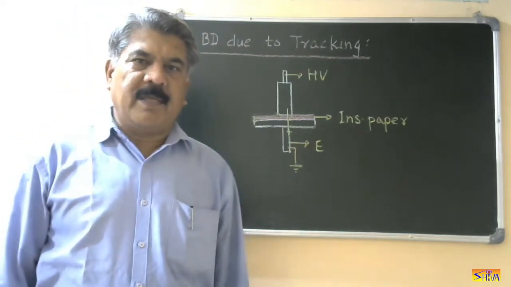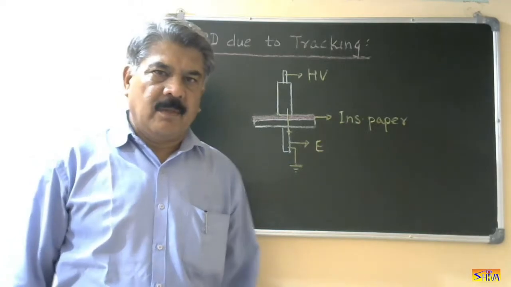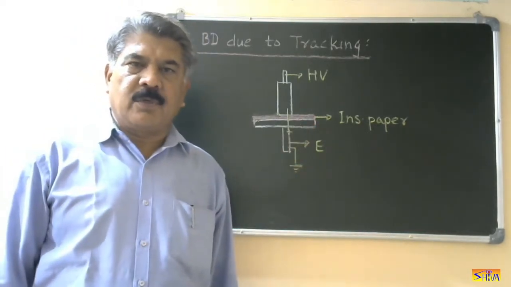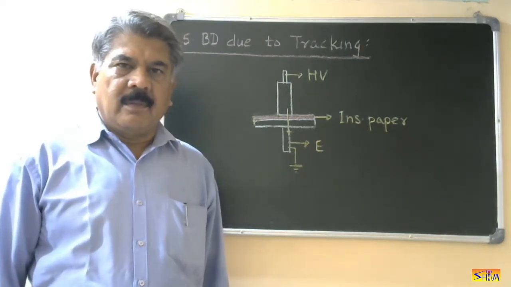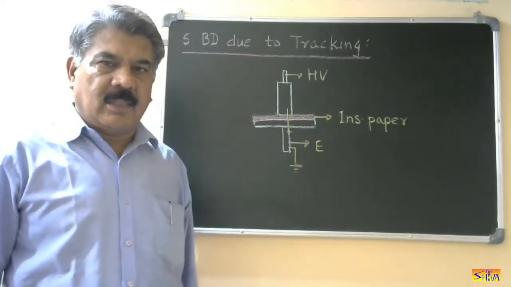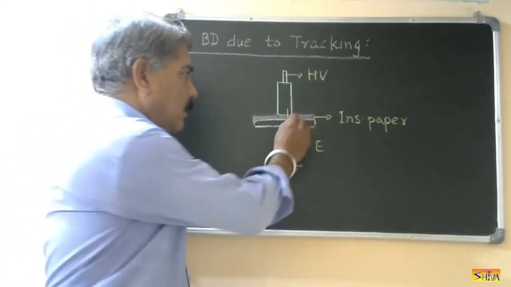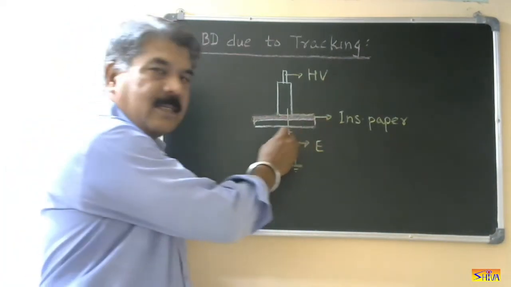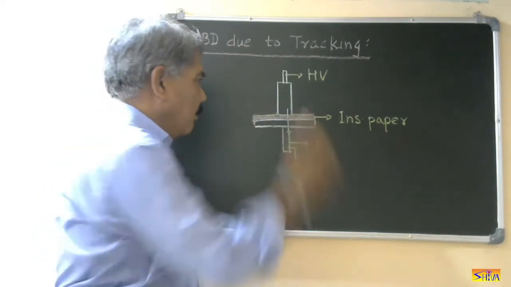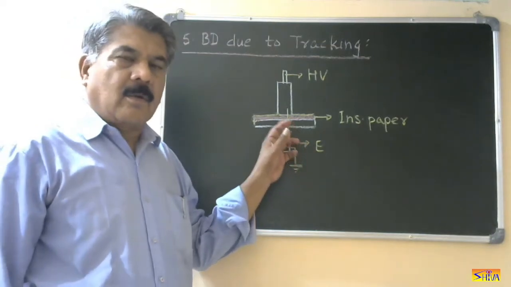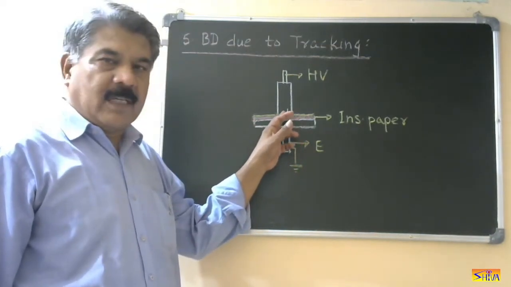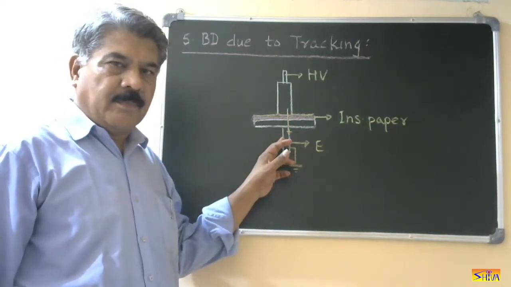Now I will explain how tracking occurs. When this insulation paper is exposed to the atmosphere, a layer of moisture gets deposited on the surface of the insulation paper. Let us say this is the moisture layer. Now current starts flowing through this moisture layer from the high voltage electrode to the ground electrode.